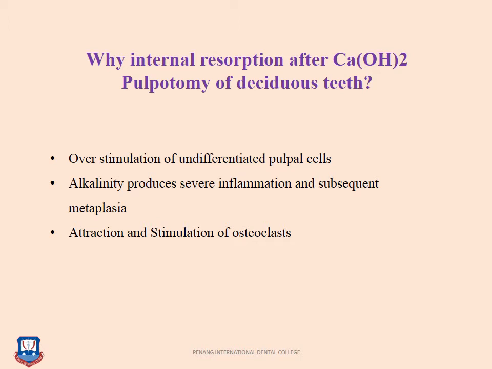These osteoclasts eat up the tooth structure, causing resorption of the tooth structure. Alkalinity produces severe inflammation and subsequent metaplasia. Since the alkalinity of calcium hydroxide is 12, it causes severe inflammation and subsequent metaplasia, and there is attraction and stimulation of the osteoclasts. So osteoclasts cause bone or tooth resorption.